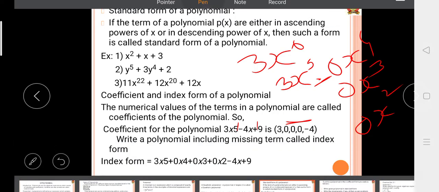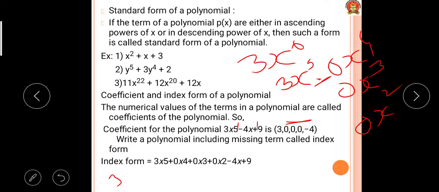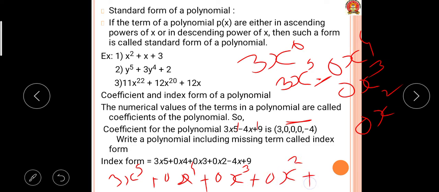So this is how it is actually: 3x to the power 5 plus 0x to the power 4 plus 0x to the power 3 plus 0x to the power 2 minus 4x plus 9.